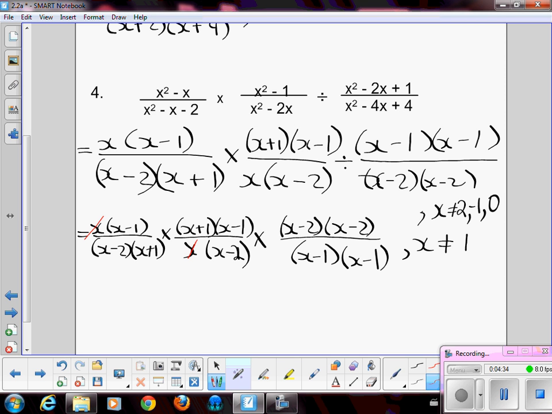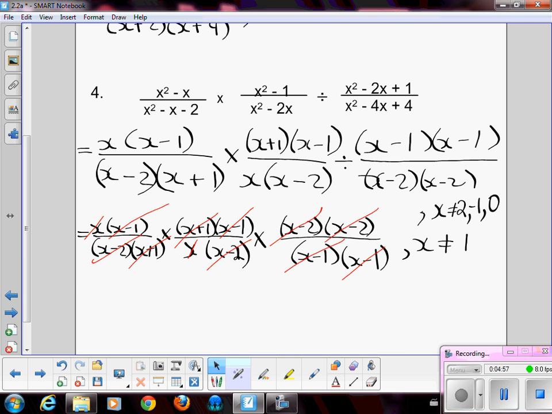Remember, we can cancel diagonally. We have an x minus 2, an x minus 2, an x minus 1, an x minus 1, an x plus 1, an x plus 1. Okay, another x, and if you look, everything's been stroked off, which means it's 1/1.